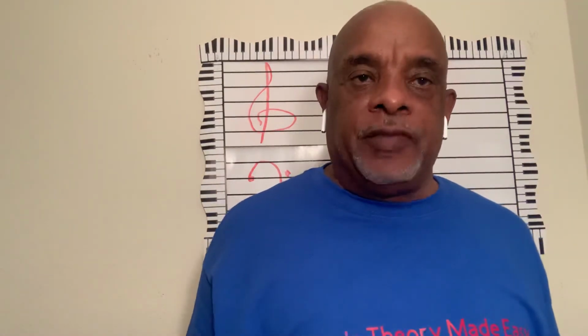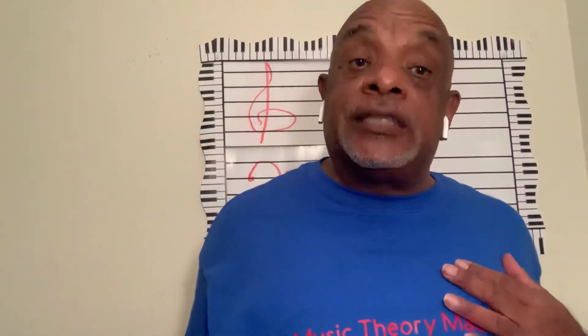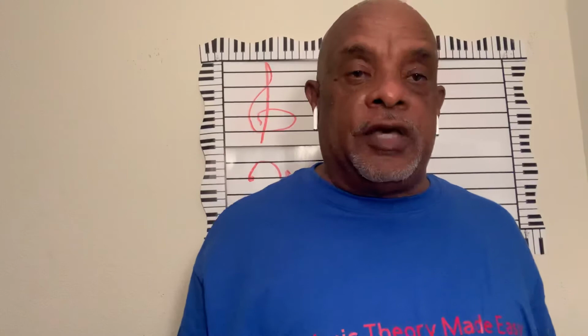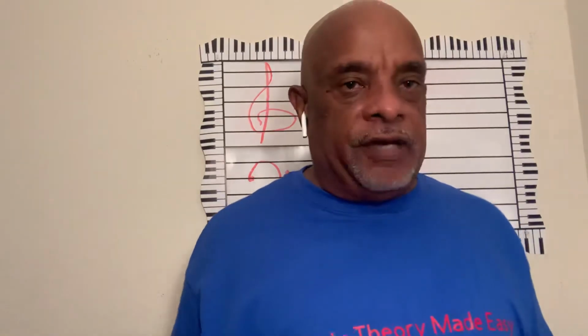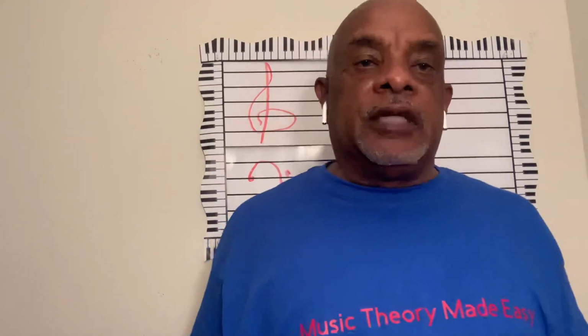Now, the next thing we dealt with was the lines and spaces of the treble or G clef and the bass or F clef. In the treble clef, the letter names for the lines are E, G, B, D, and F. Every good boy does fine.